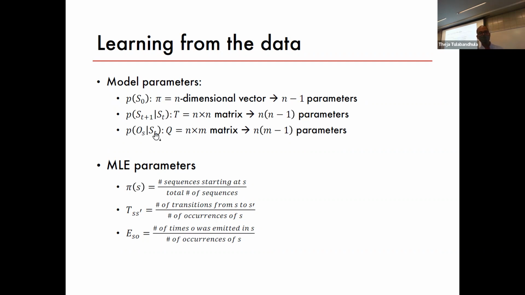Similarly, observations given states is also another parameter, the emission matrix, Q or E would be the notation here, and that's n times m parameters, but each row again sums to 1, so it's n times m minus 1 parameters. So these are all parameters that you need to learn given a bunch of observation sequences.